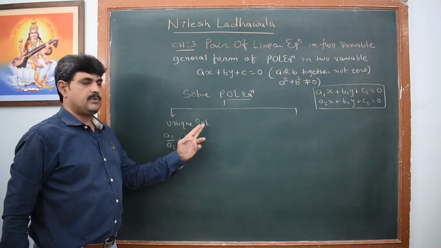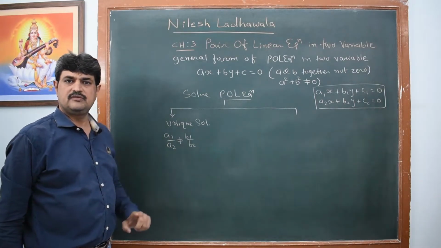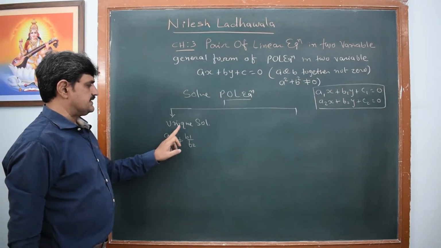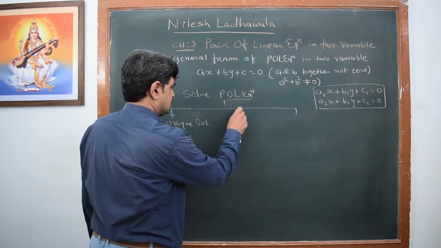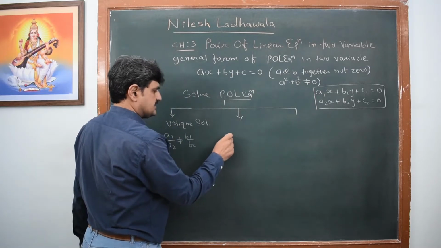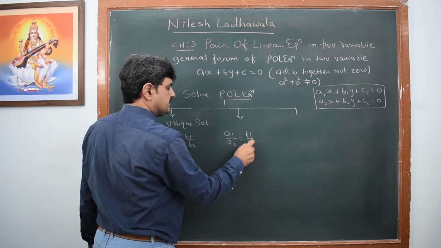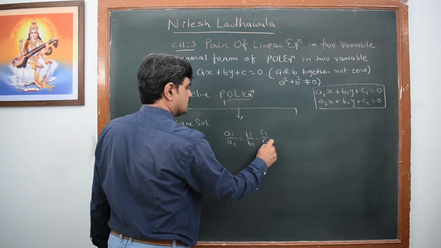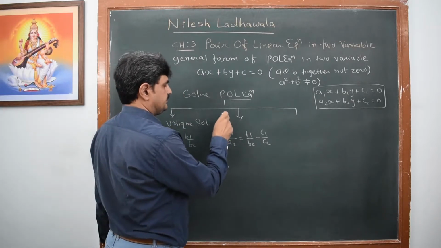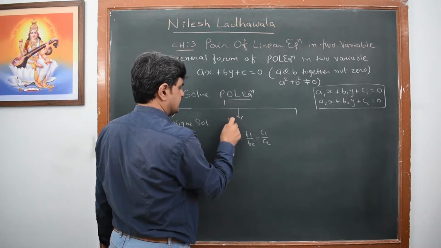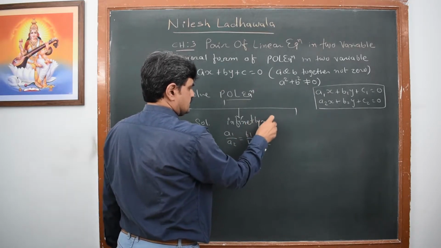So first, about unique solution. If a1 upon a2 is not equal to b1 upon b2, then we can say that the pair of linear equation has a unique solution. Now, if we have a condition a1 upon a2 is equal to b1 upon b2 is equal to c1 upon c2, then I can say that the pair of linear equation has infinitely many solutions.